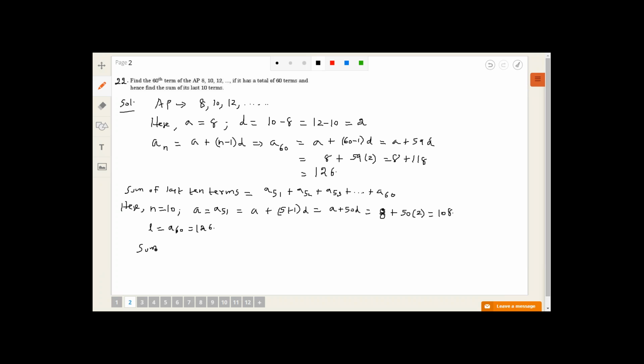So the sum of the last 10 terms can be written as n by 2 into A plus L. That is the first term and the last term. n will be equal to 10 by 2, A here will be A of 51, which we have found out to be 108, plus the last term, 126.